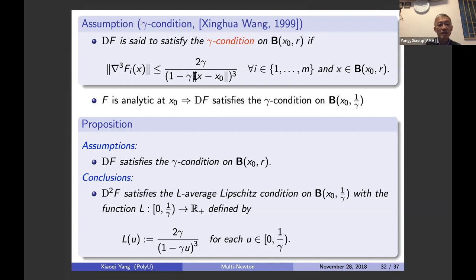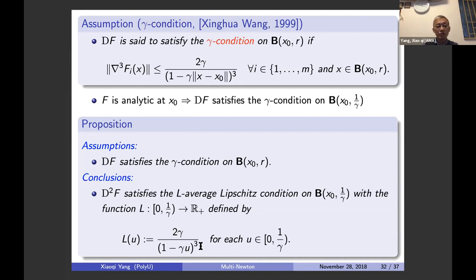Because of this, they have a structural property for the third-order derivative. In that way, we can construct this L function using the structure on the right-hand side. As we see here, we have 2 gamma over (1 minus gamma u) to the power 3.